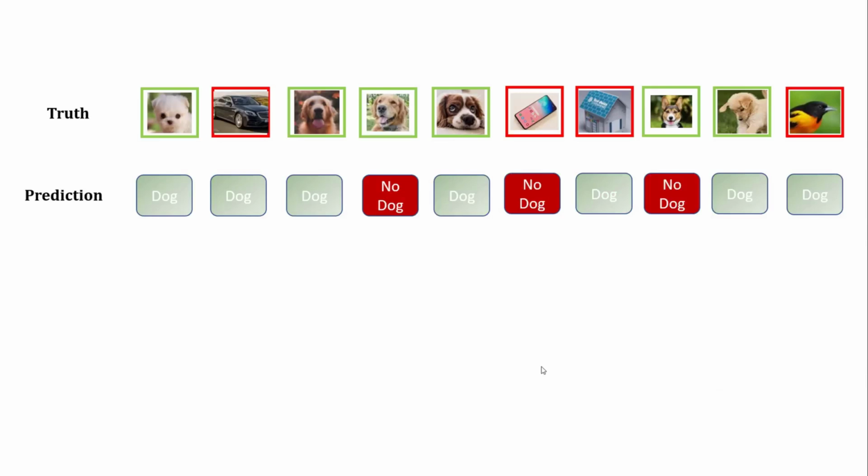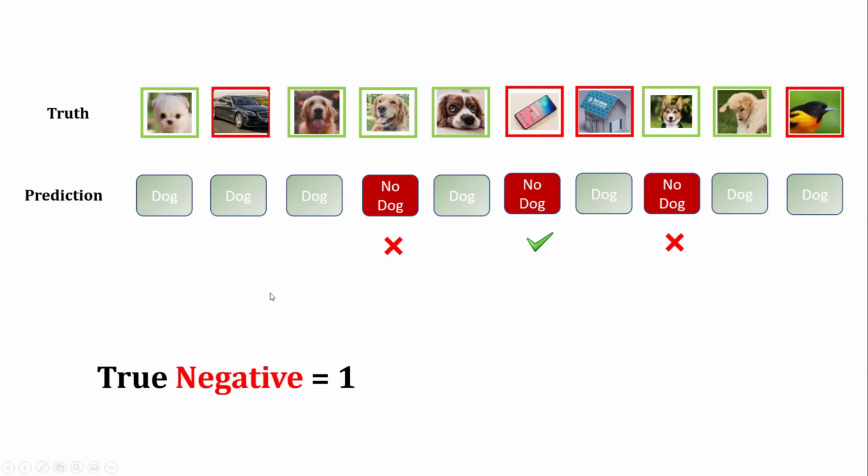Now think about no dog predictions. Forget all those greens, that's why I have grayed them out. Here again I will compare all these 3 predictions with the reality. So 2 of these predictions are wrong and 1 is right. So true negative here is 1.